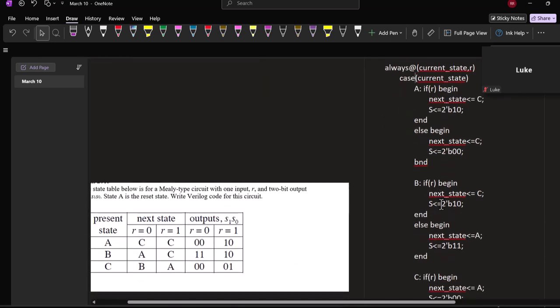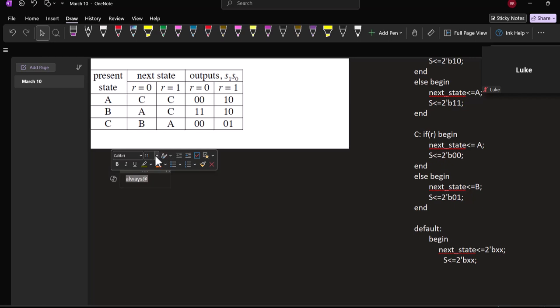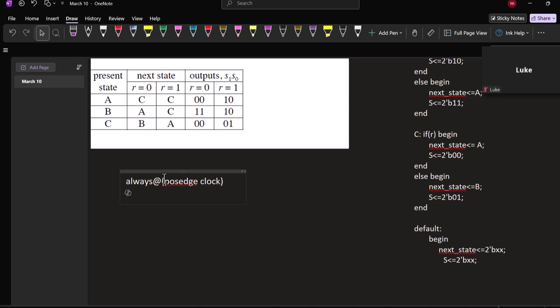Okay, and then we have our second always block. It will be always at positive clock edge, posedge clock. Now we don't have a reset here, so all we have to do in this one is say current state becomes next state.